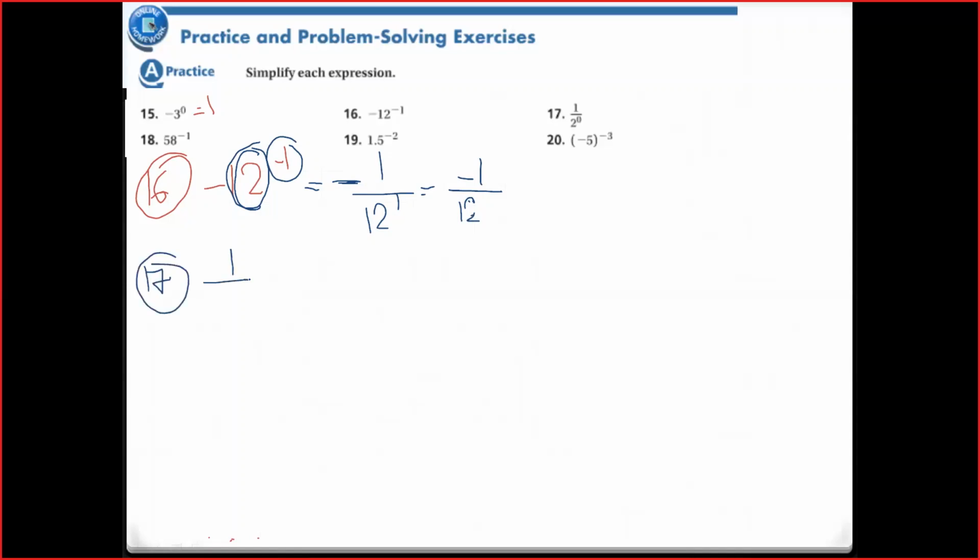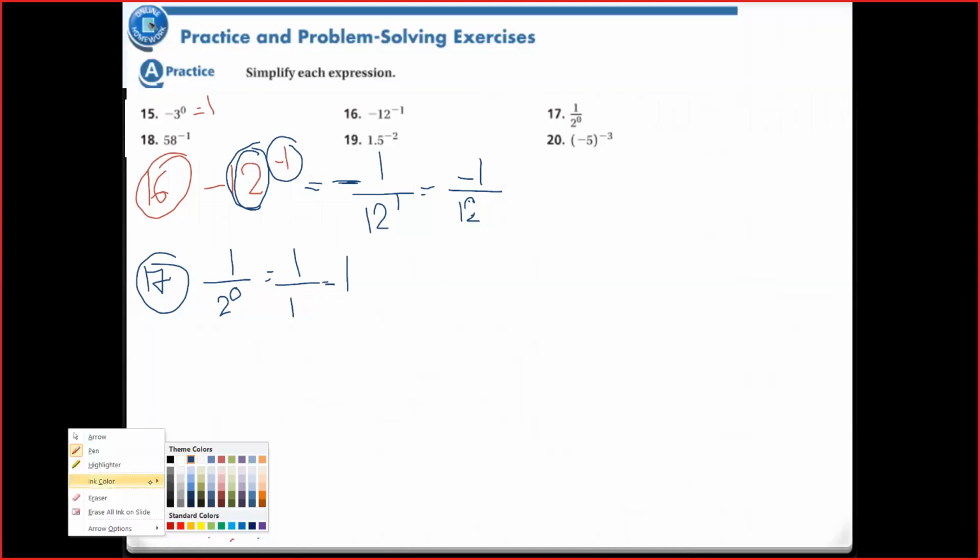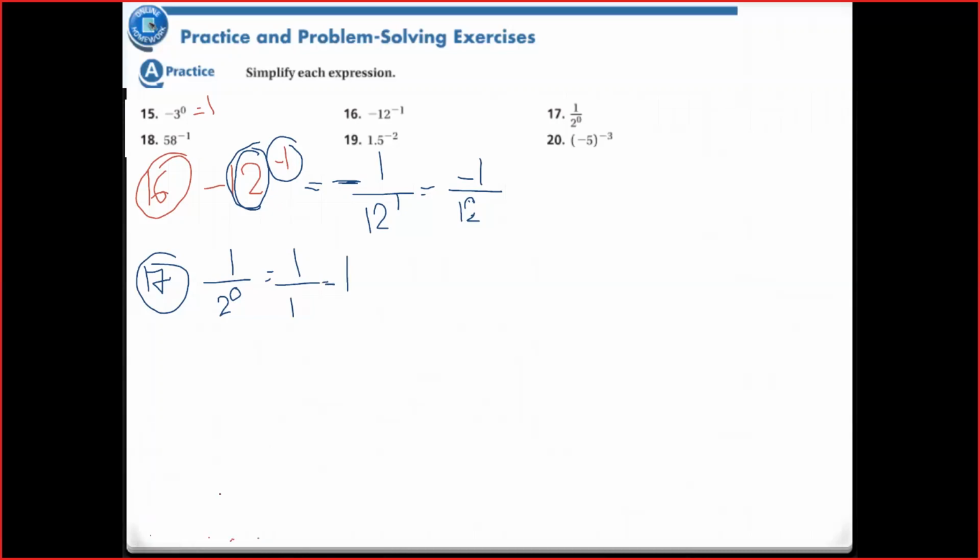Number 17 now. 1 over 2 to the power 0. Now, 2 to the power 0 is what? 1. Thank you. So the answer is 1 over 1, which means 1. Let's do number 18. 58 to the power negative 1.